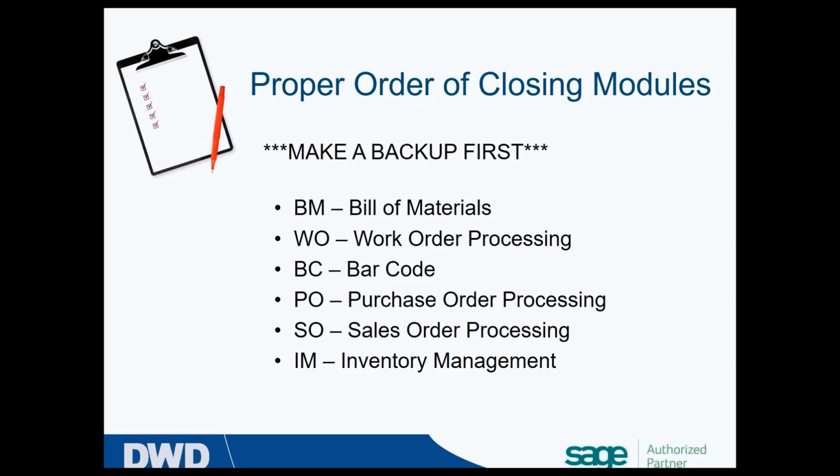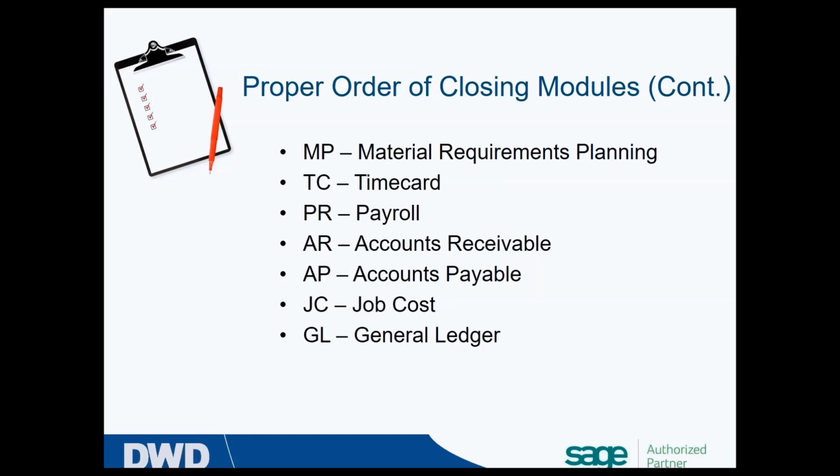So if you have these modules, you can close them. If you don't have them, don't worry about it. Bill of materials, work order processing, barcode, and so on. And then the very last module that we typically close is the general ledger module, because that's the one that controls us. Once it's closed, we can't post back into prior periods.